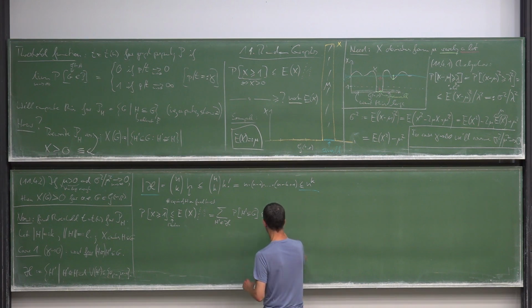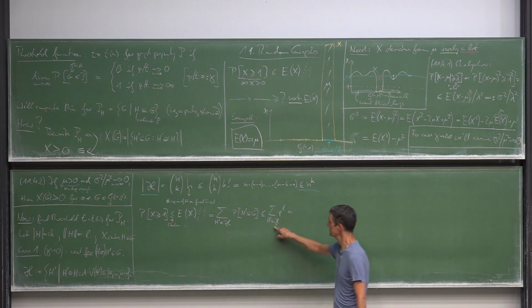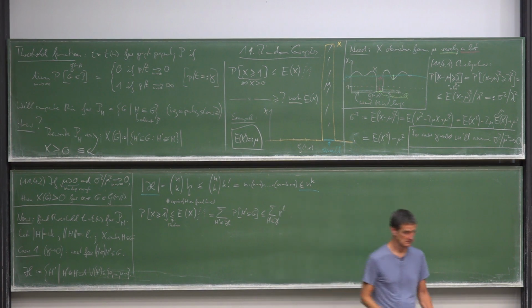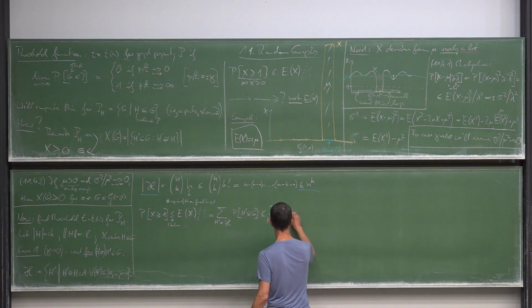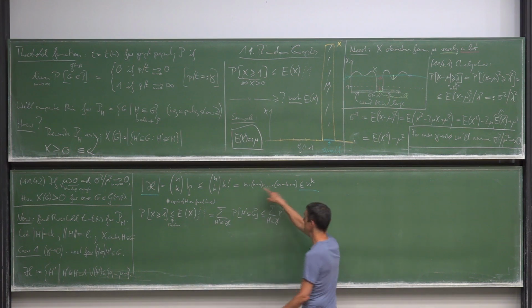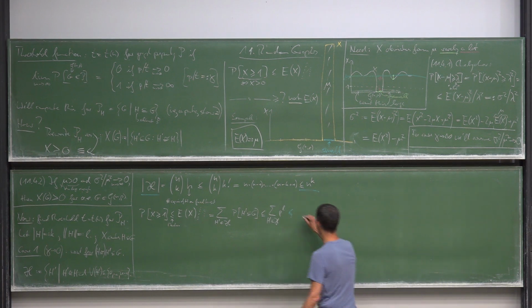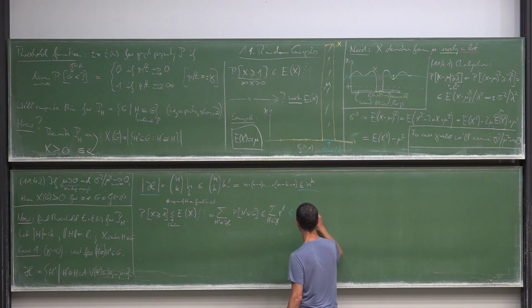So P to the L, and of course how many summands are there? Well, at most that many. I'm now using that. N to the k times P to the L.